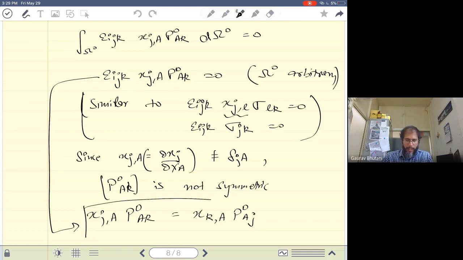So what we see, importantly, is that our first Piola-Kirchhoff stress tensor P naught is not symmetric. It is not like the Cauchy stress tensor, which was symmetric. So even for bodies which are non-polar, it is not symmetric.